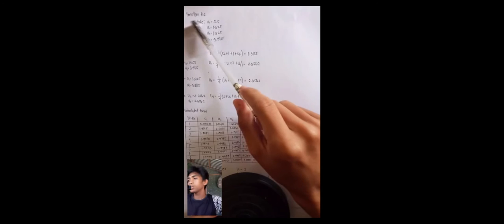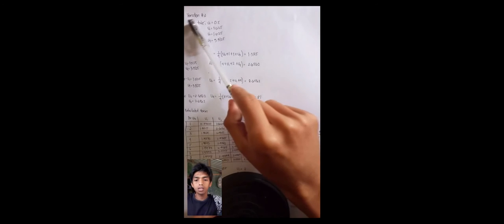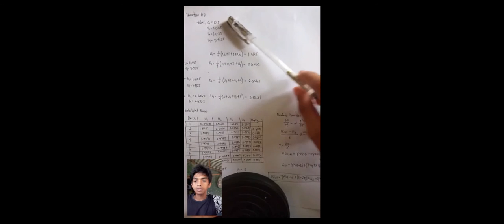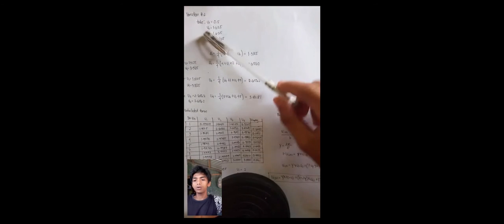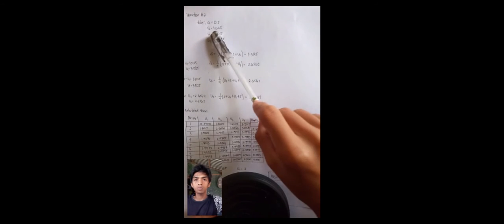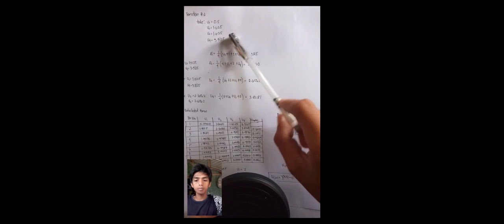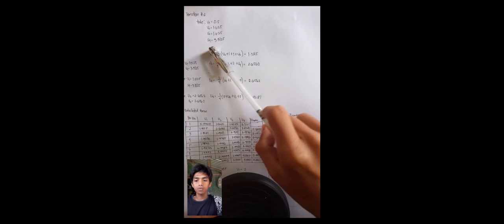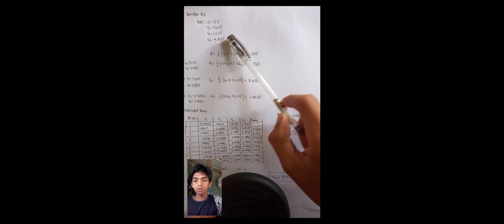You see, and next step is iteration number 2. First, we need to take the values of u1, u2, u3, u4 we got earlier: u1 is 0.5, u2 is 1.625, u3 is 1.625, and u4 is 3.3125.